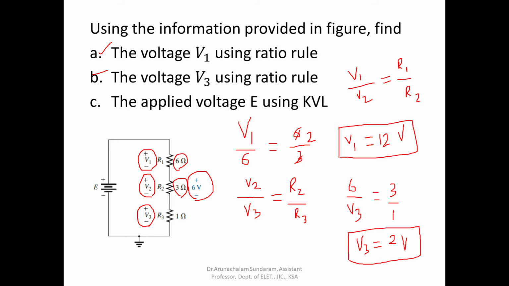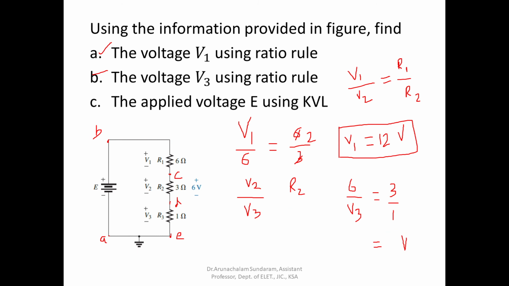Now the last one: apply Kirchhoff's voltage law to find E. This is the last part of the question. So let us erase all these things. Now what you do in Kirchhoff's voltage law, all of you know now. You have to label the nodes: this point is A, this point is B, C, D, and E. Let me erase all of them so that I have some space to write.